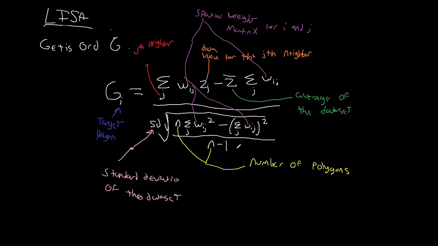Hopefully this equation makes sense. You don't necessarily need to know exactly what's going on, but you get an idea for what things are going into it and where those things are occurring, whether they're on the top, at the bottom, or both.